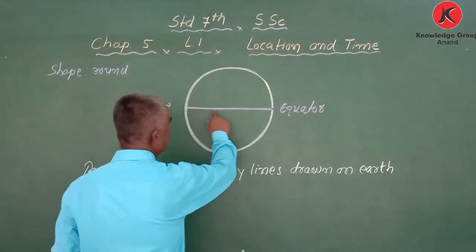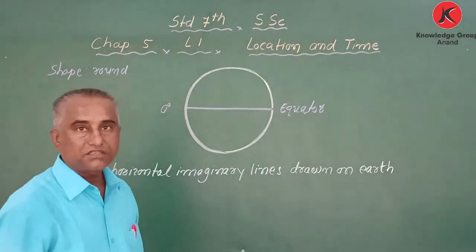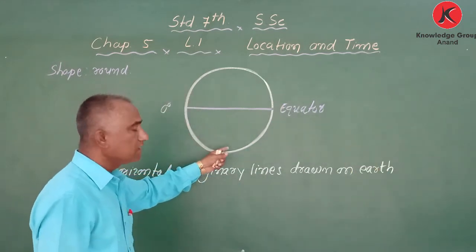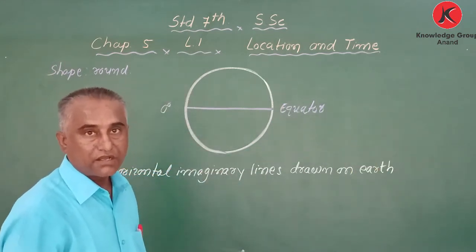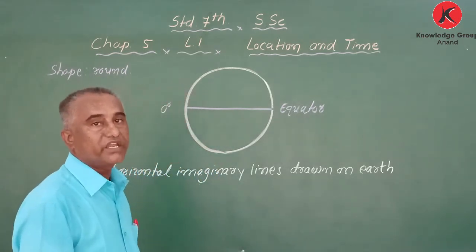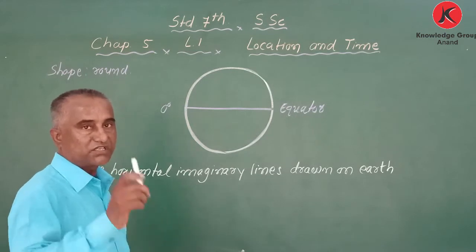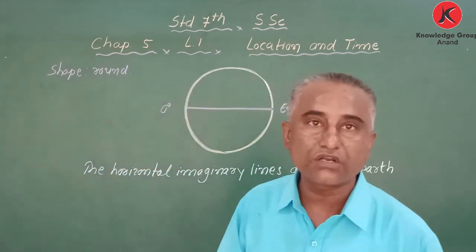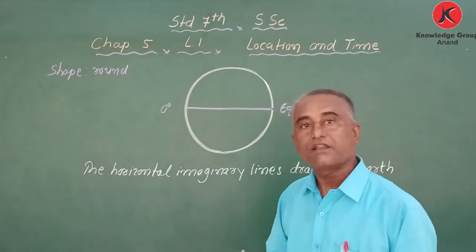This is the horizontal line which divides the earth into two halves, north and south. That is called 0 degree latitude, and the name of the 0 degree latitude is equator. So what is the definition? The imaginary horizontal lines drawn on earth are called latitudes.